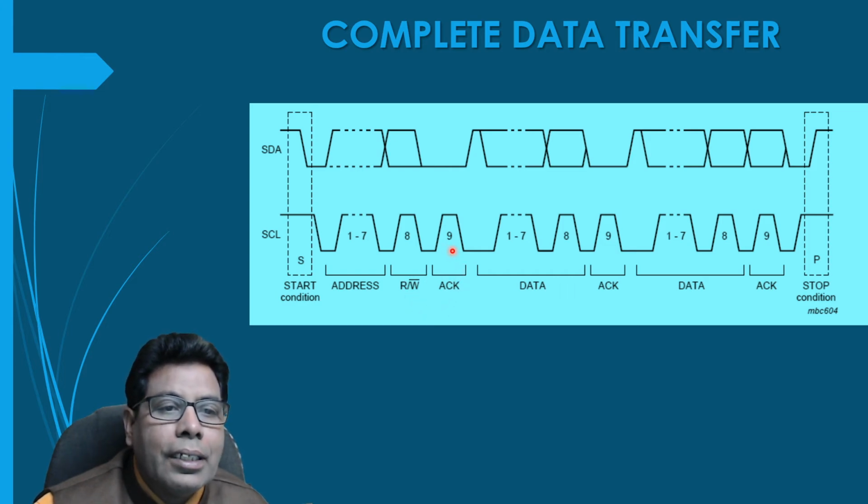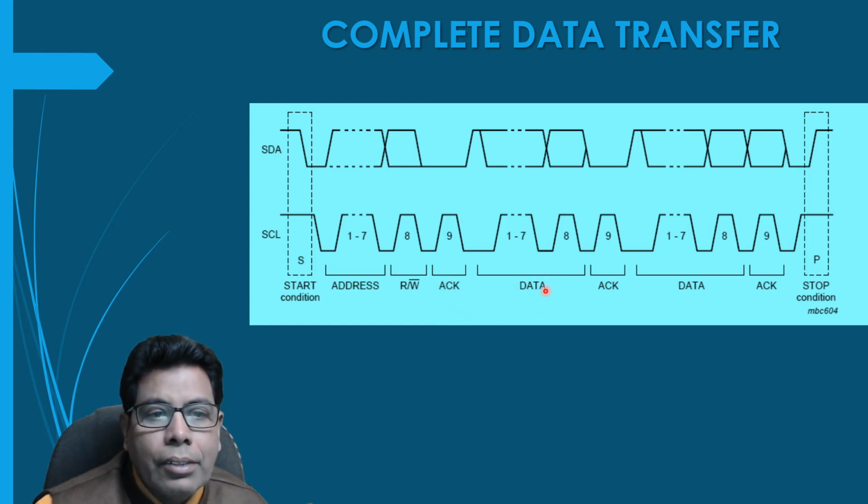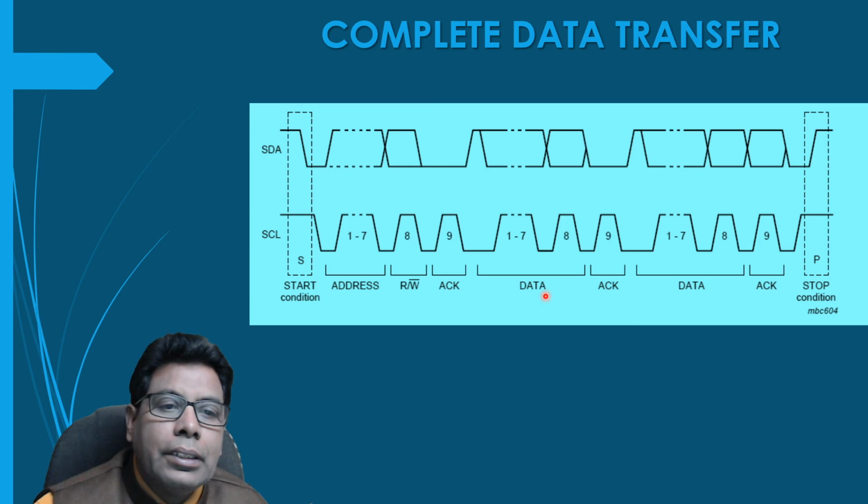Then we have the 9th bit as acknowledge. Then we have the data, which will again be 8 bit. In this case we are considering the address of the register to which we have to write the data, and then again we get the acknowledgement as the 9th bit. And here the actual data is sent on the SDA line, and again we get the acknowledgement.